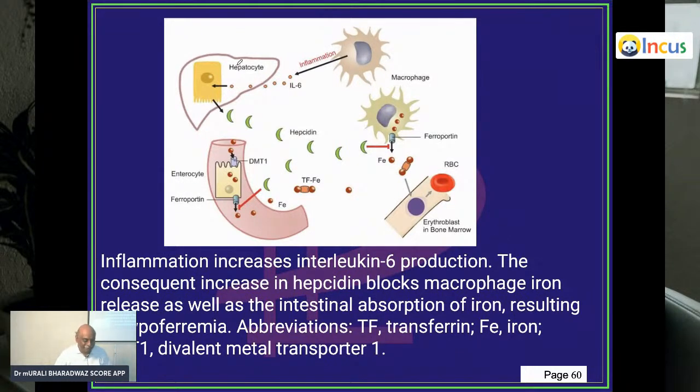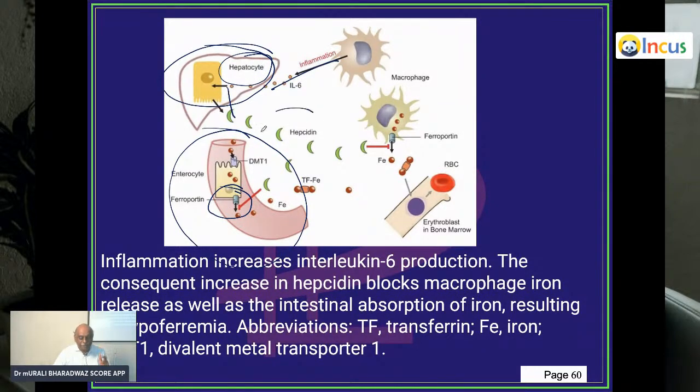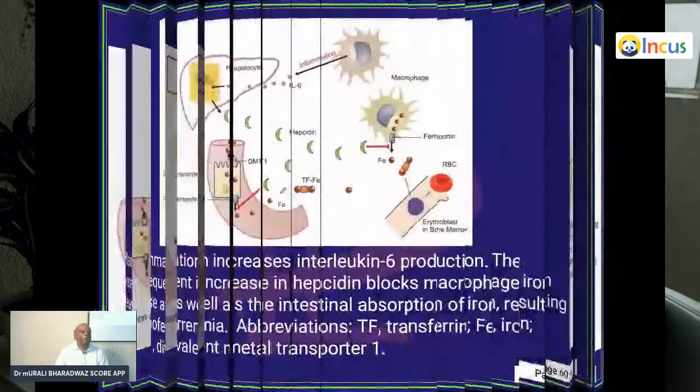So now, doctor, this is what? Liver, enterocyte, ferroportin. Whenever inflammation is there, the hepcidin levels are increased. They will typically block the ferroportin. Once more, to get an idea psychologically, I have posted a lot of other images.